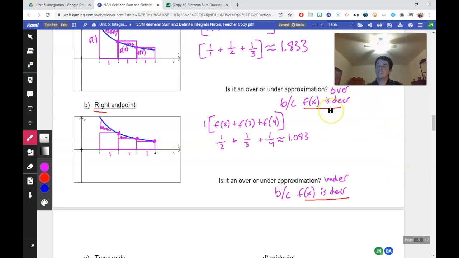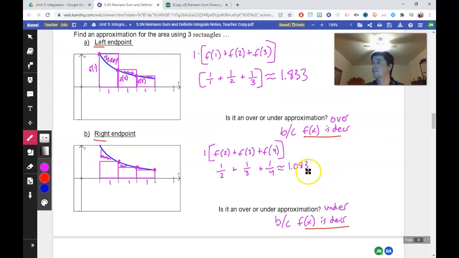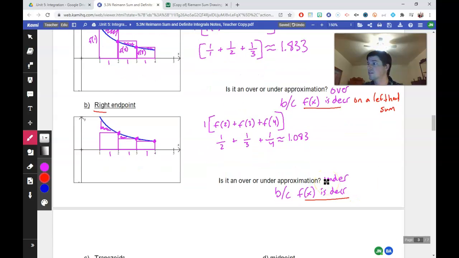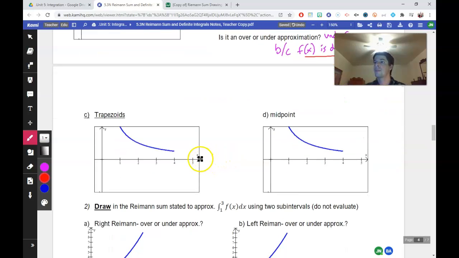Notice the fact that it's decreasing isn't enough to say whether it's over or under; it's decreasing on a left-hand sum that makes it an over approximation, and decreasing on a right-hand sum that makes it an under approximation. And you don't have to memorize that; you can always draw it in a picture and just see what's going on there.